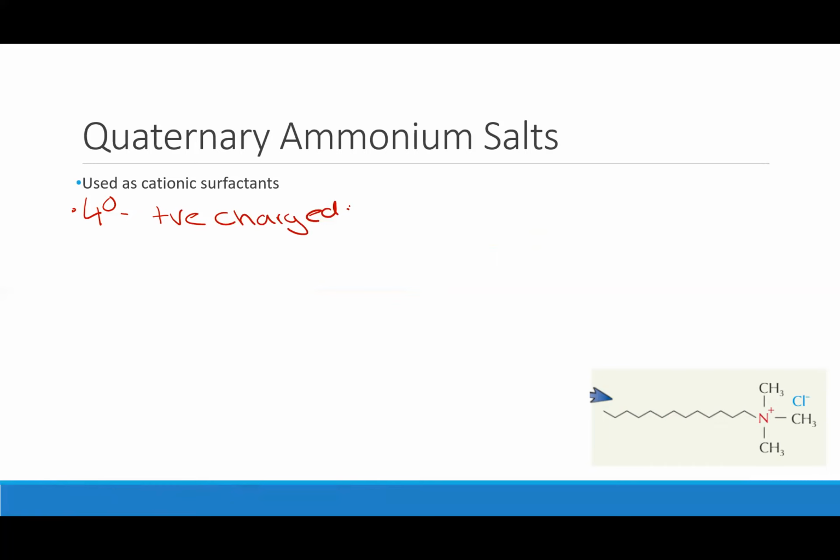They will hang around with any negative ions that are nearby. They're going to be attracted to those negative ions nearby. The complex that is then formed when that happens is called a quaternary ammonium salt. An example of that is tetramethyl ammonium chloride.